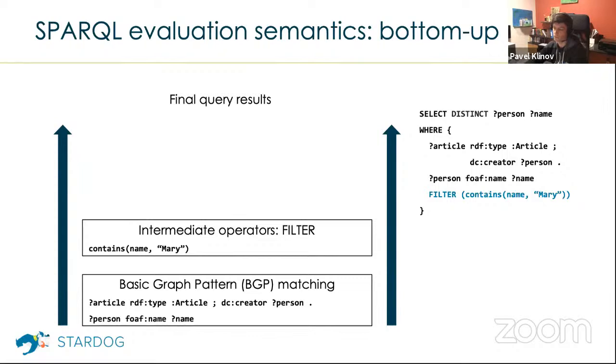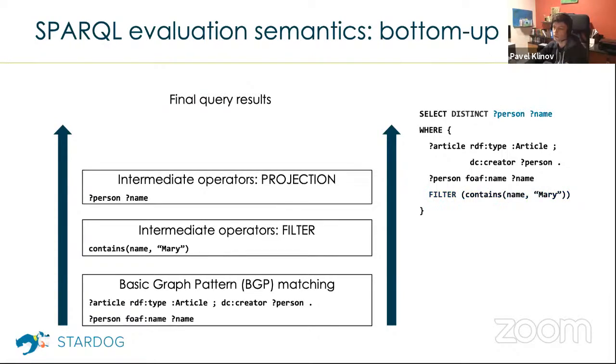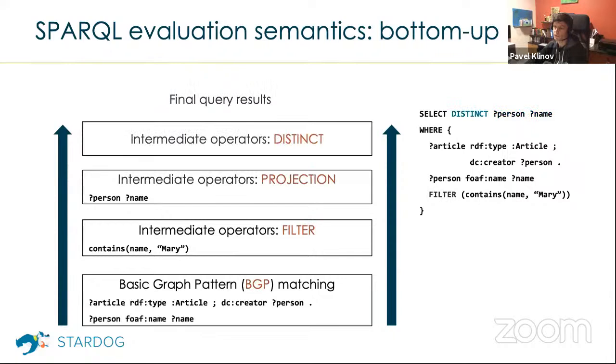All others will be eliminated at this point. The next thing is the projection. Only values of the distinguished variables person and name will be left in the results. After that, the duplicates will be filtered, and you get the final result. So it's always a bottom-up process, and it's always useful to think about SPARQL queries in terms of this bottom-up information flow.